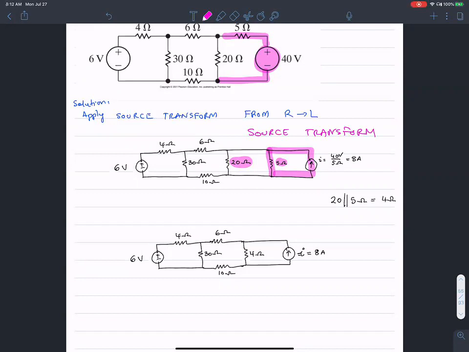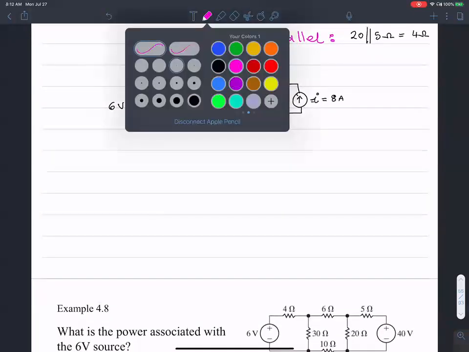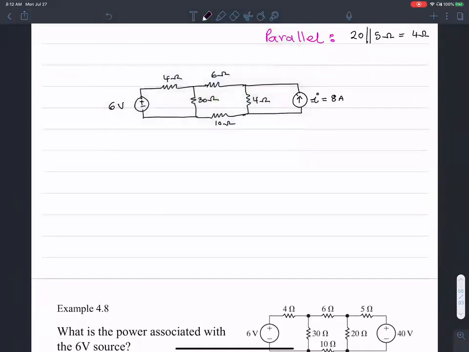Then I applied parallel simplification between 20 ohms and 5 ohms. Now let's see what I can do. I'm successively simplifying the circuit from left to right, and one of the techniques that I'm using is source transformation.